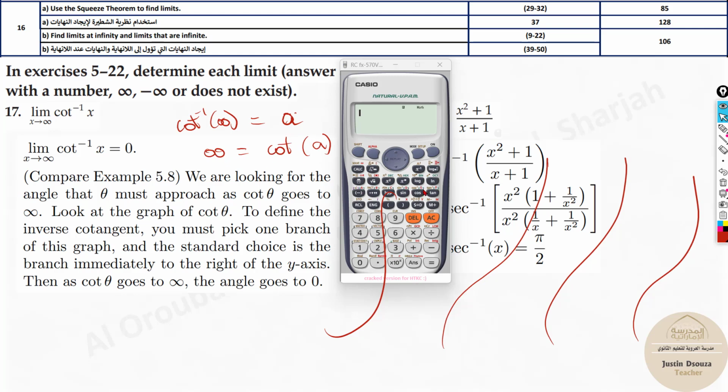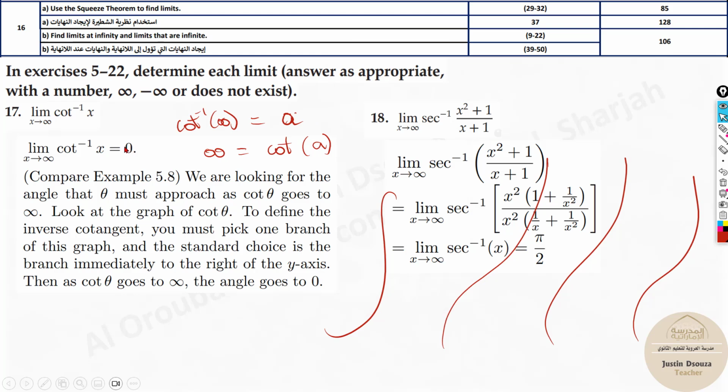So cot and tan are inverses of each other. When is tan 0? At 0, tan is basically 0. So if I do cot 0 over here, that is 1 by tan 0. This is undefined. Okay, math error. So basically I can tell the angle must be 0 over here.